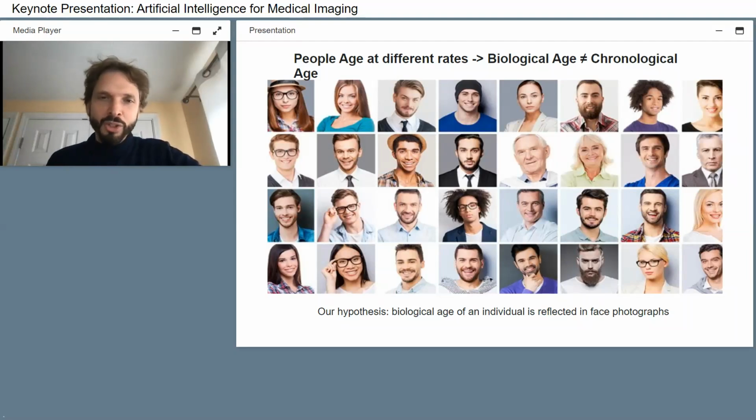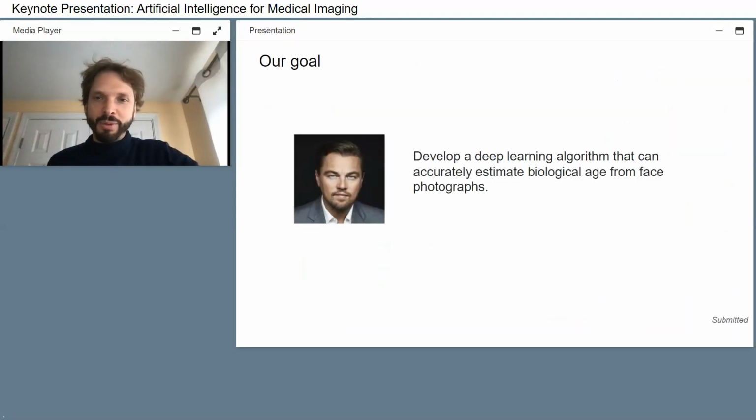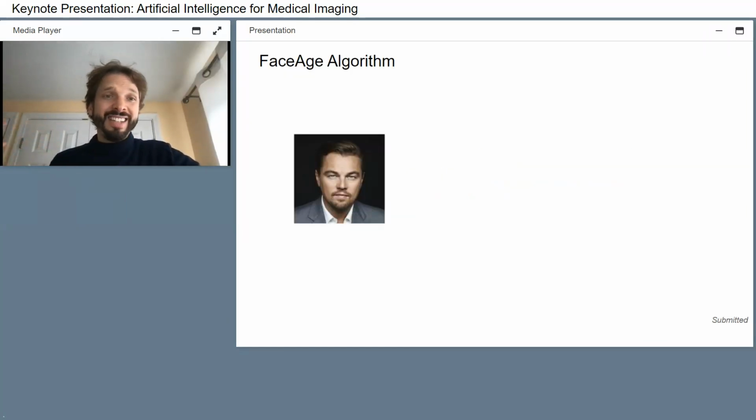So we started to develop a deep learning algorithm, and here you can see Leonardo DiCaprio. That's a picture of him. We wanted to develop a deep learning algorithm that can accurately estimate biological age from a face photograph. So that was our goal, and we call this the FaceAge algorithm.